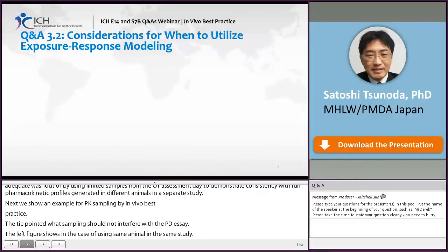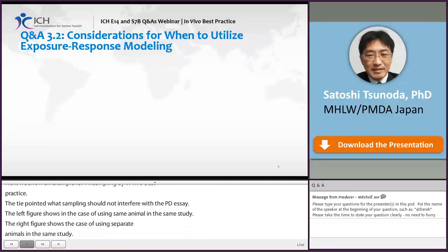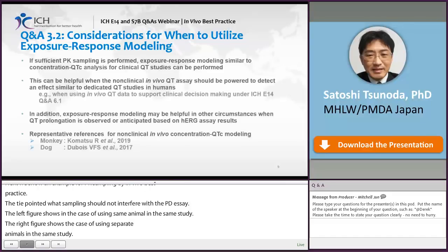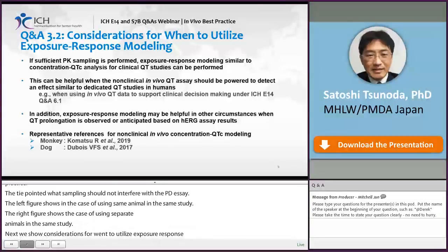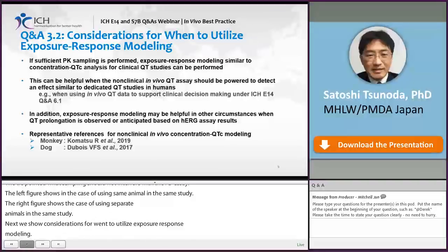Next slide shows a consideration for when to utilize exposure response modeling. If sufficient PK sampling is performed, exposure response modeling, similar to concentration QTc analysis for clinical QT studies, can be performed.